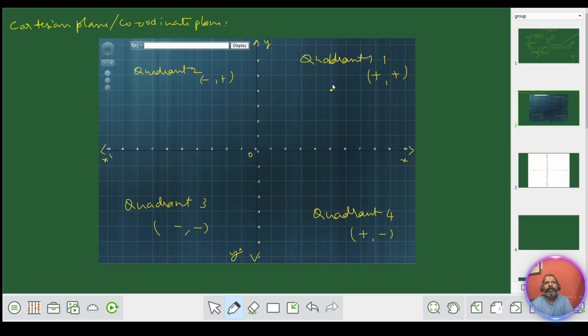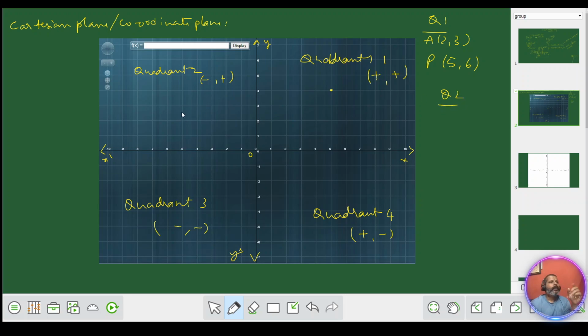So based on that we get the quadrant signs here. All the coordinates which fall under quadrant 1 will have positive coordinates, x-axis and y-axis both. For example, I can say A of 2 comma 3, it's a quadrant 1 number, it falls in quadrant 1. I'll say P of 5 comma 6, it falls in quadrant 1.